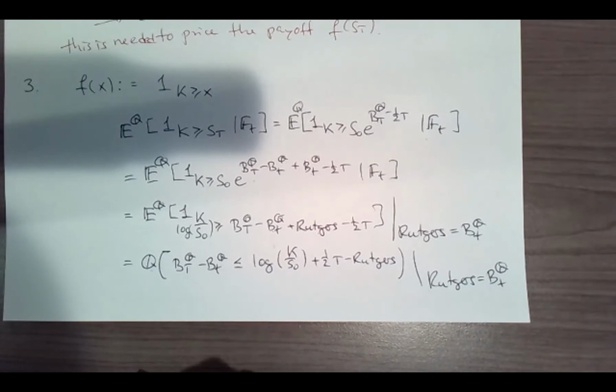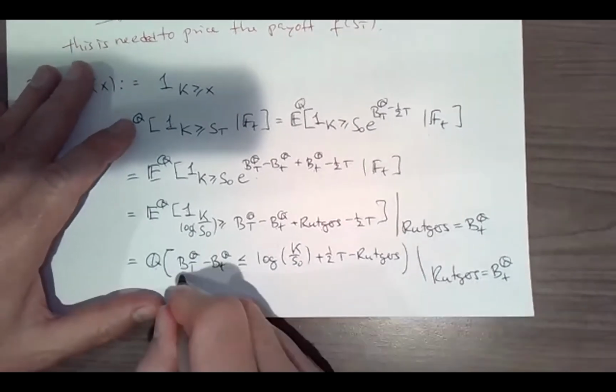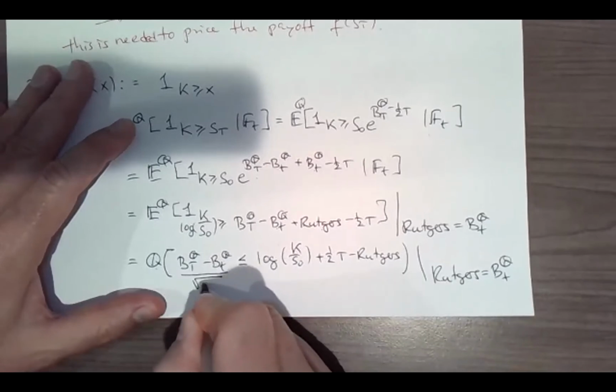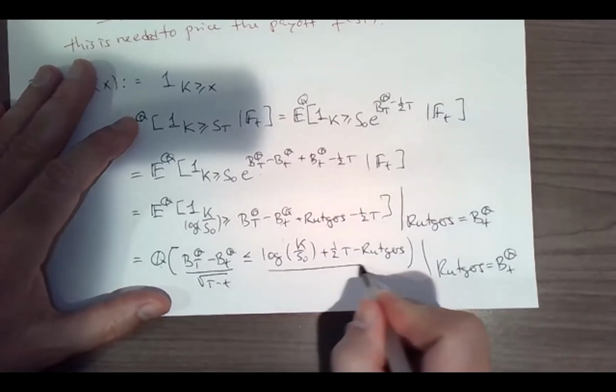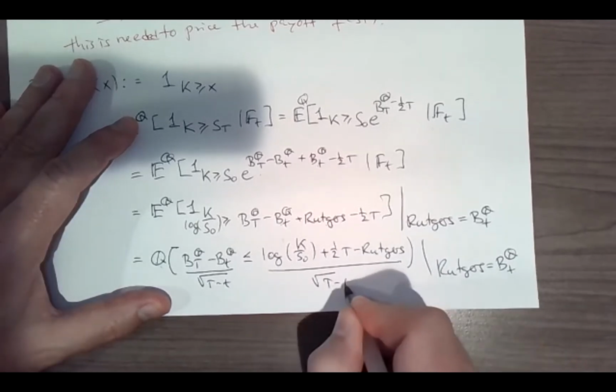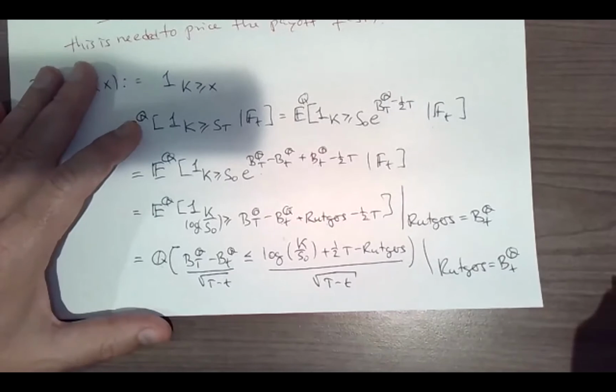He's not standard normal, so I need to standardize him. And the way I do that is by dividing by the square root of T minus t. And then this thing over here, square root of T minus t. Now it becomes standard normal.